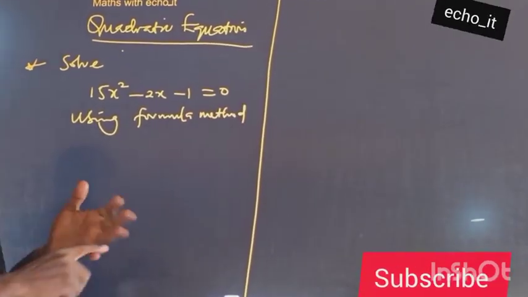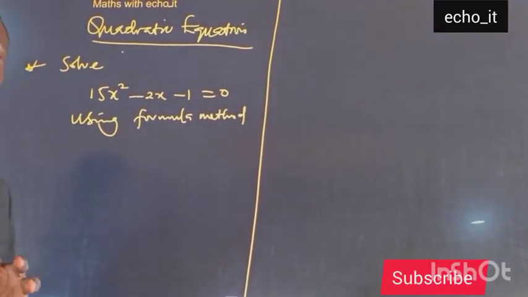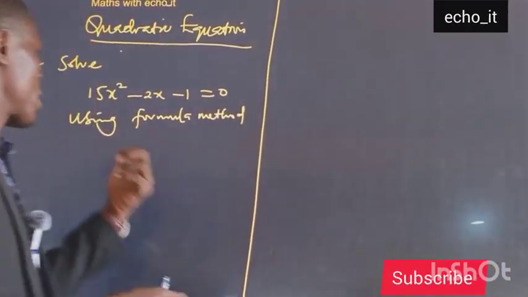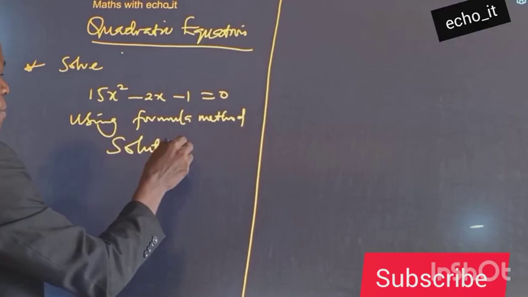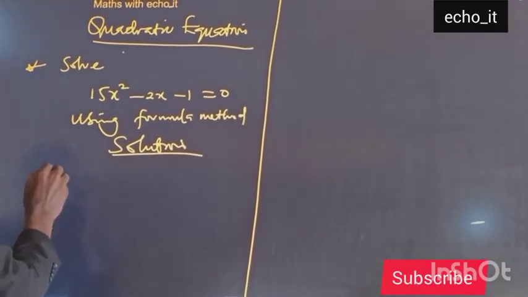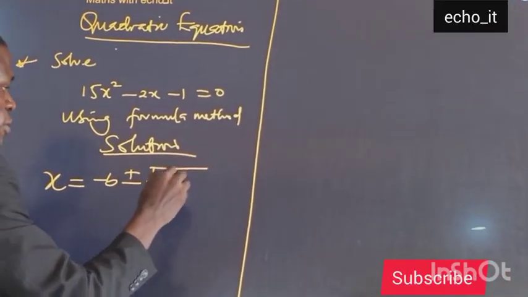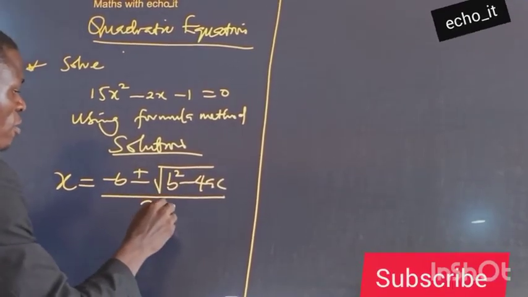Of course, you can solve by factorization, by completing the square, by formula, and by the graphical method. But we're going to solve this using the formula method. That means you should remember the quadratic formula: x equals minus b plus or minus the square root of b squared minus 4ac, everything over 2a.